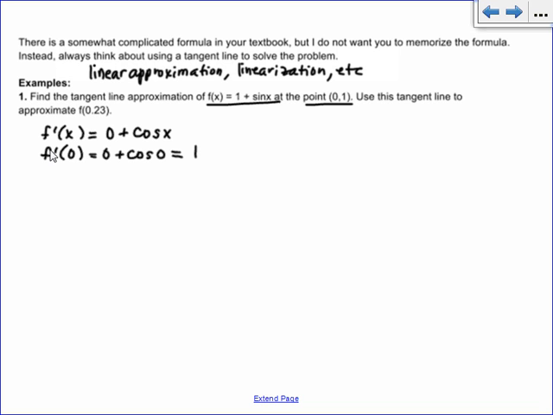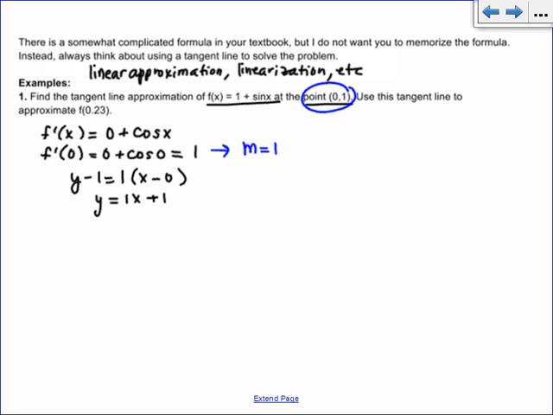That means our slope is 1. Our point, we said, was (0, 1). So we have y minus y1 equals m times x minus x1, which really, if you were quick, you would have realized, oh wait, that's my y-intercept. So I really just get 1x plus 1.